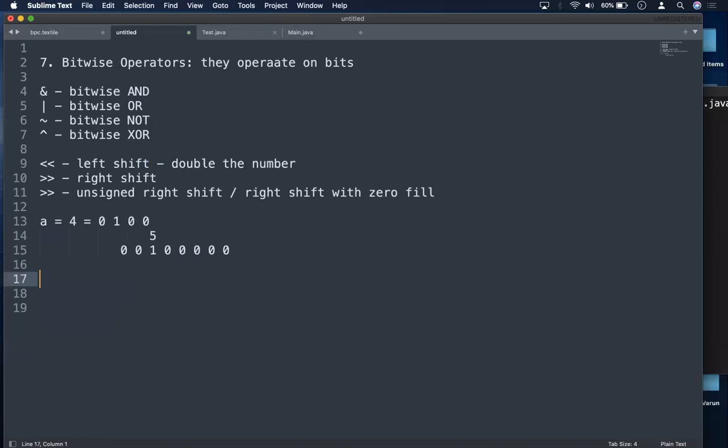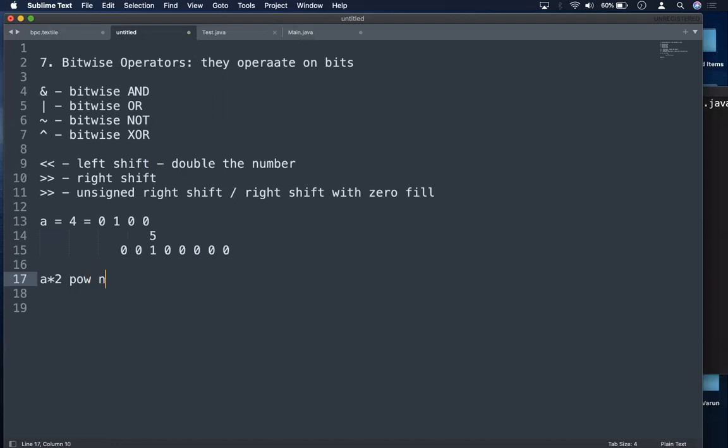If you left shift a number by 1, it doubles it. Left shift a number by 2 bits, it will double and again double. That means number into 2 power n. The formula will be: your number into 2 to the power of the number of bits you are shifting, that is n.